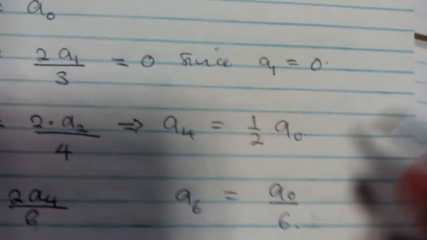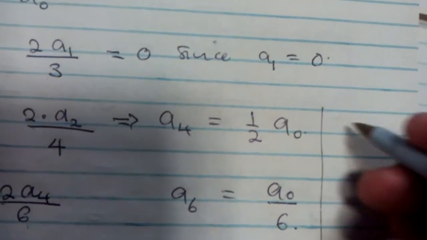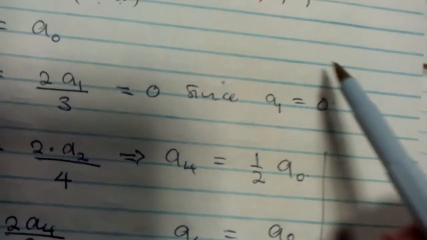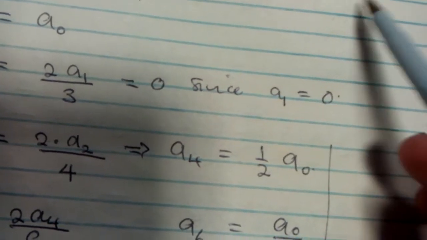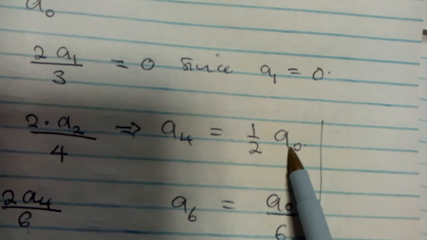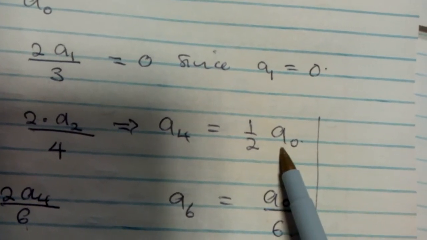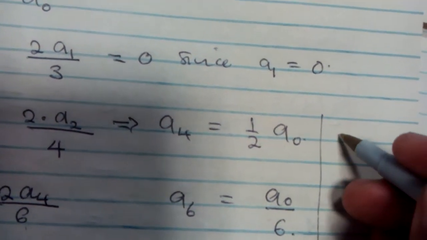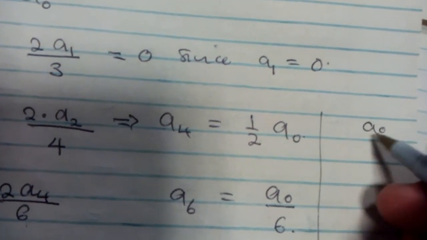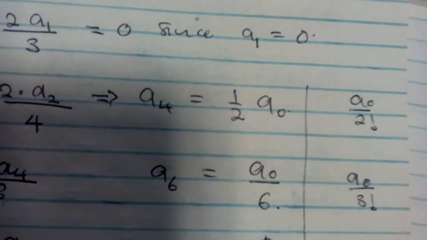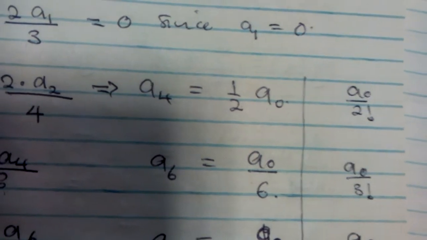And if you note, I can rewrite these terms now as well. In factorial form, this is what? a naught is just a naught divided by 0 factorial. This is 2 over 2 factorial, so this is still a naught over 2 factorial, and this I can write as a naught over 3 factorial, this I can write as a naught over 4 factorial.